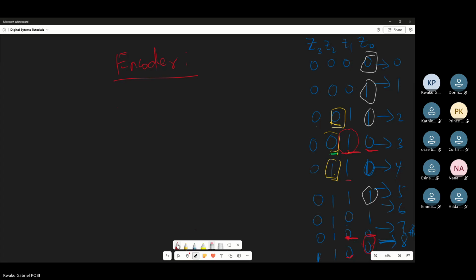So in encoders, we say that let your input be say N. And then from this, we can say that N equals, and then let your output be M. So we can write N in terms of M as N being equal to 2 to the power M. So if you have 4, it means 4 in binary.